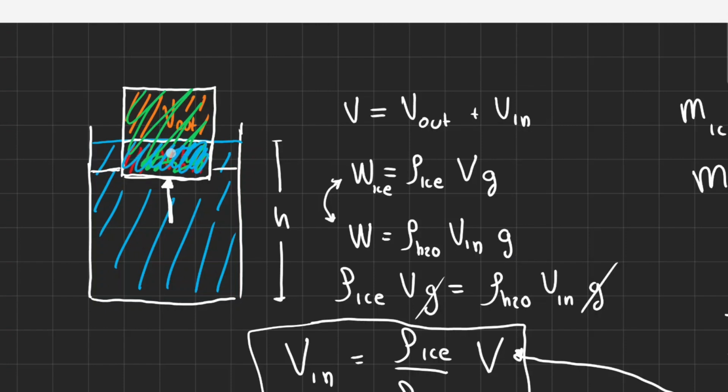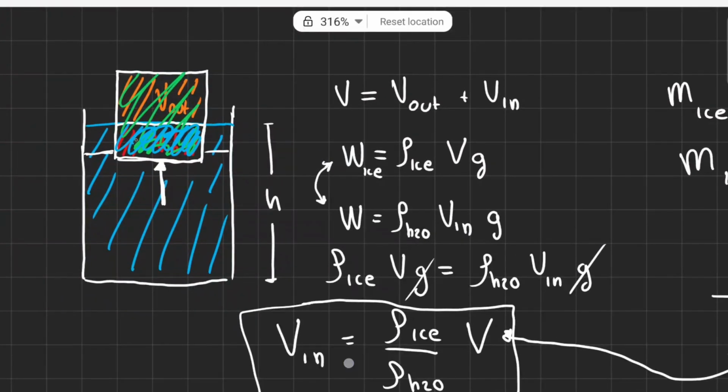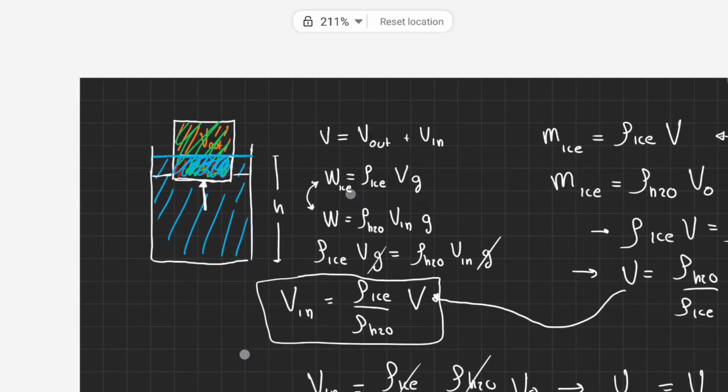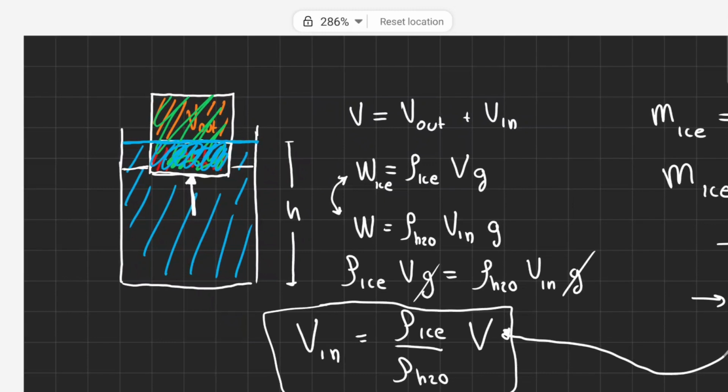That is what we just showed in this equation. So the level of the water will not change, as there is no increase in the volume of the water that is in the glass. That means that if the ice melts, the level of the water will not increase.